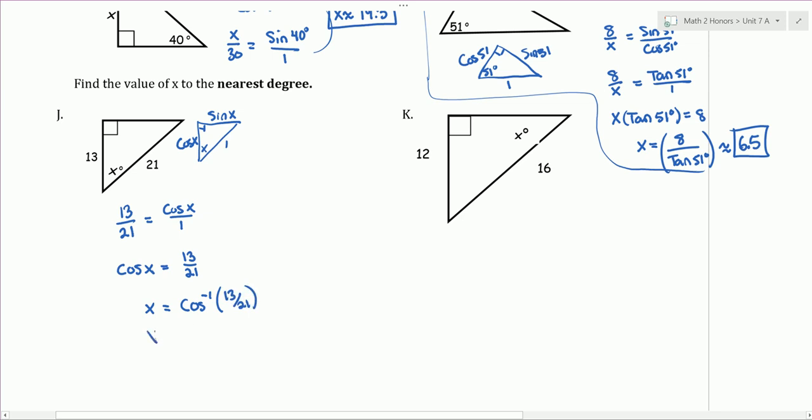To type this into your calculator, you usually have a second key or a shift key that you're going to want to hit first to get the inverse cosine, and then type 13 over 21, and you should get roughly 51.8 degrees.